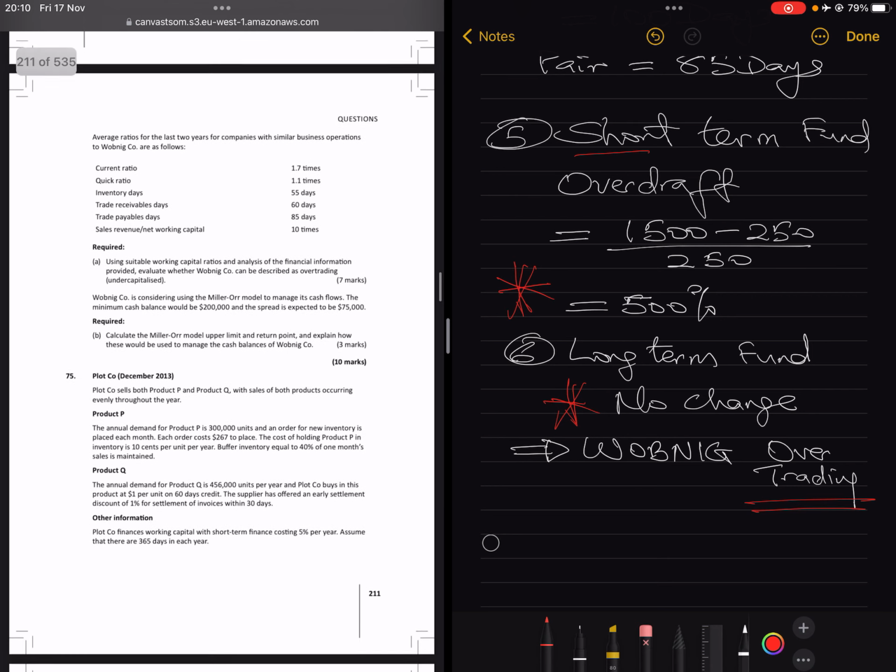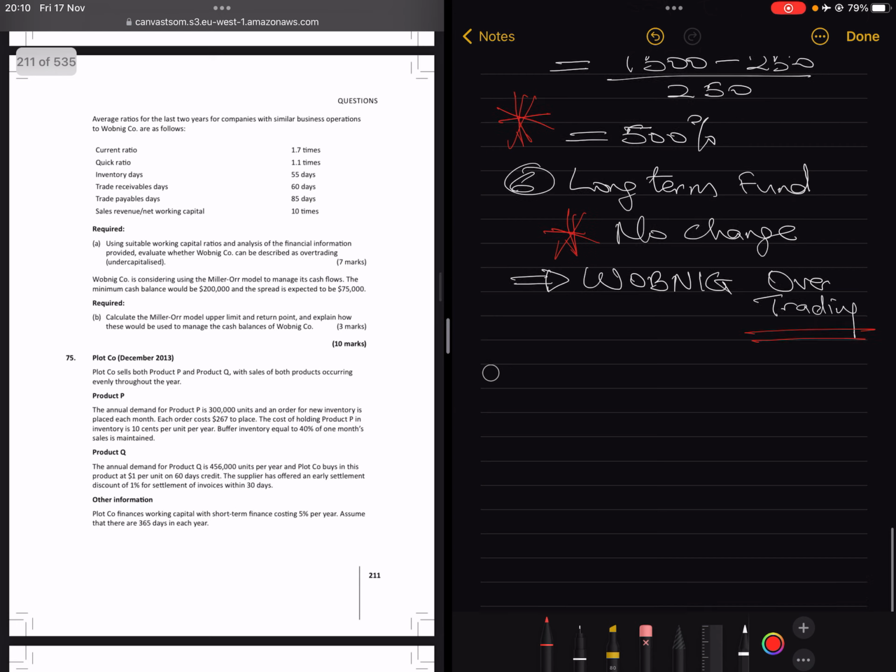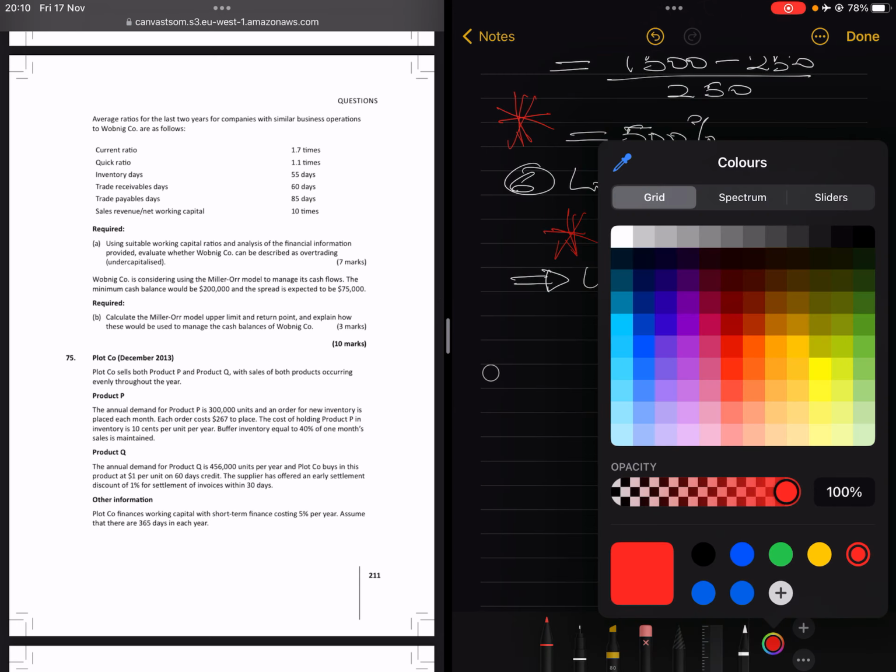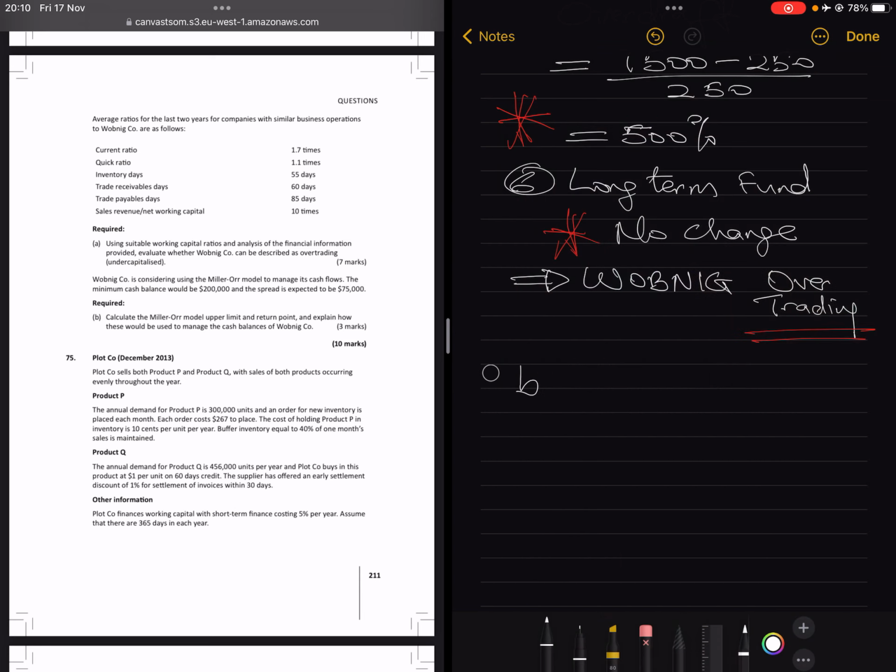So that's the first part of the question. The second part, which is B, is looking at, well, let's look. So Wobnico is considering using the Miller-Orr model to manage its cash flow. The minimum cash balance will be 200,000 and spread is expected to be 75,000.